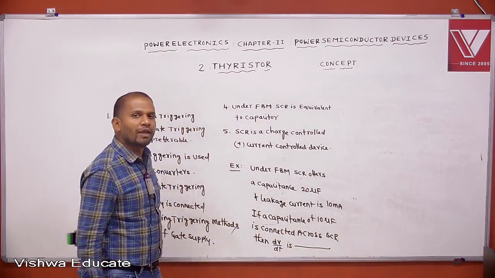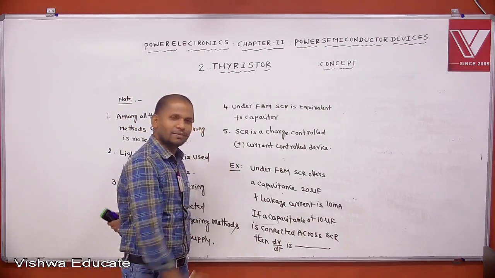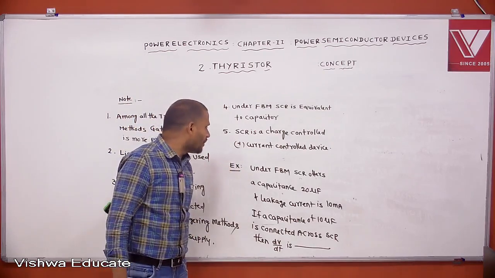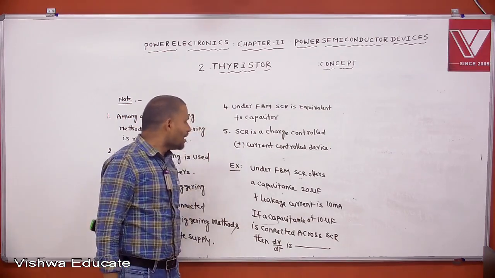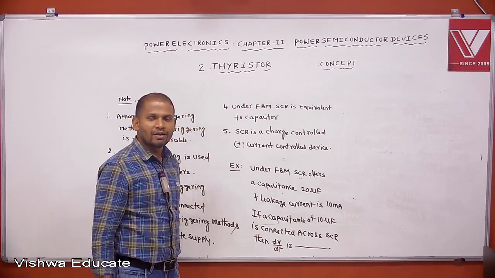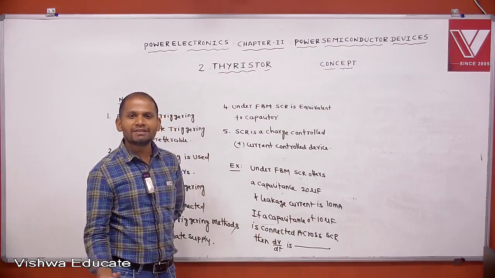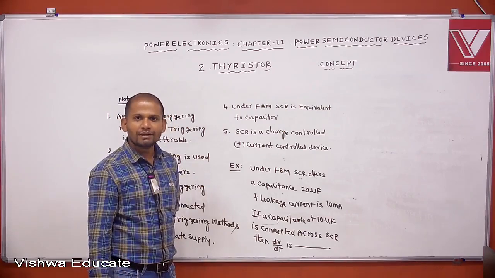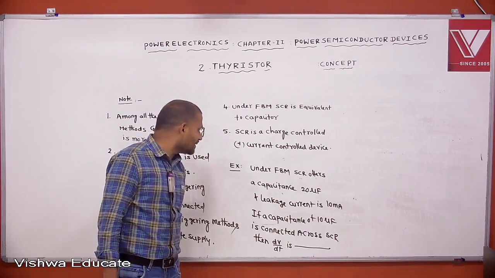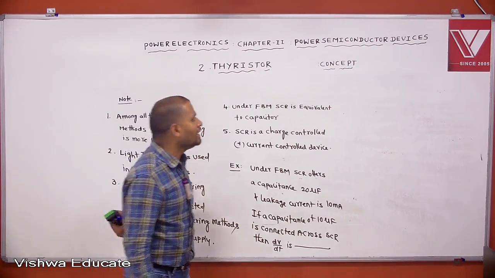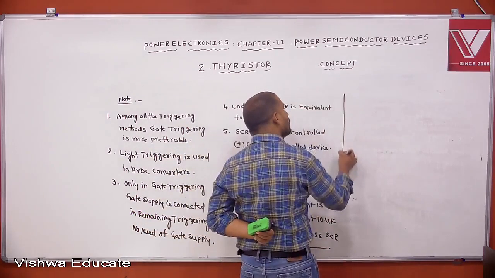If the question is framed like this, just an example I am giving, based on this concept. Under forward blocking mode, the SCR offers a capacitance of 20 microfarads and the leakage current is 10 milliamperes. Under forward blocking mode, which current exists through the SCR? Leakage current only. And if a capacitance of 10 microfarad is connected across the SCR, then dV/dt is dash. We know this.